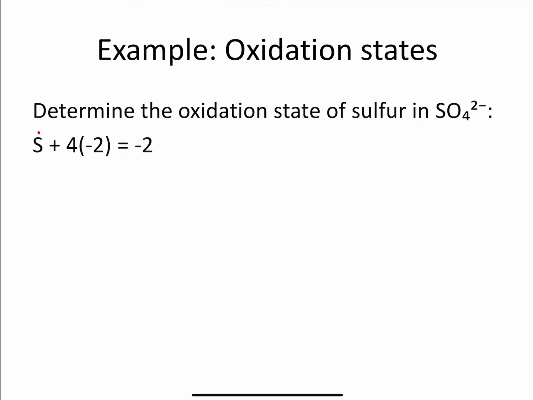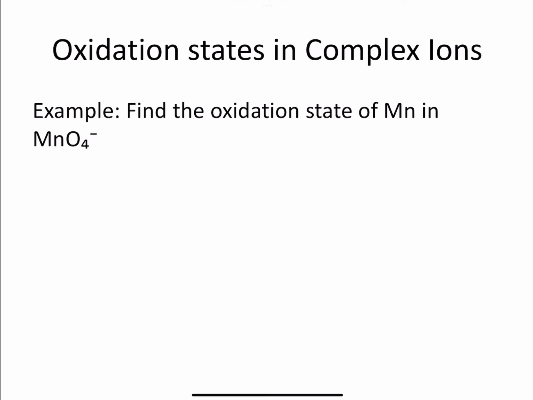So the oxidation state of sulfur plus the oxidation state of the four oxygens, which is -2 times 4, will give you -2, which is the charge of that compound ion. So sulfur plus -8 will equal -2, which means the oxidation state of sulfur is +6.